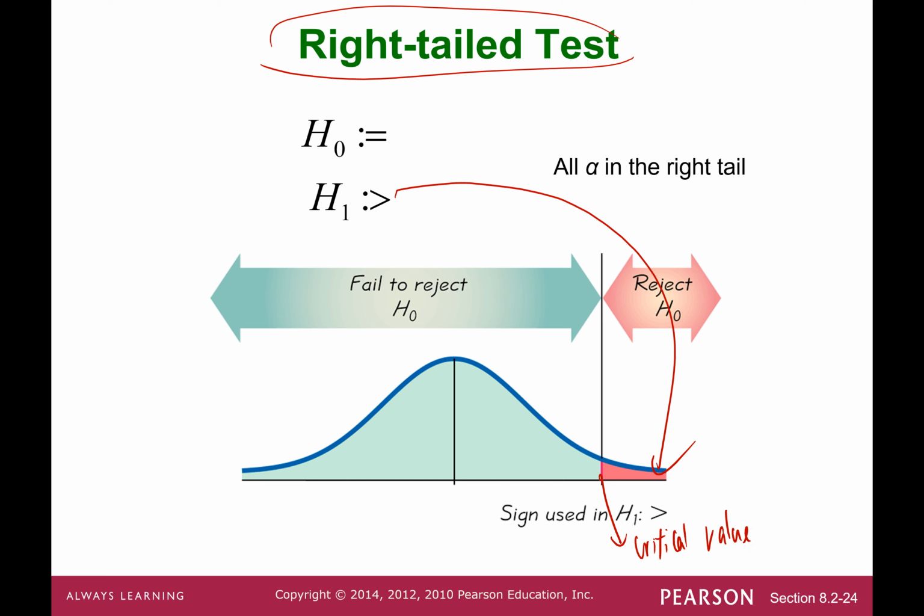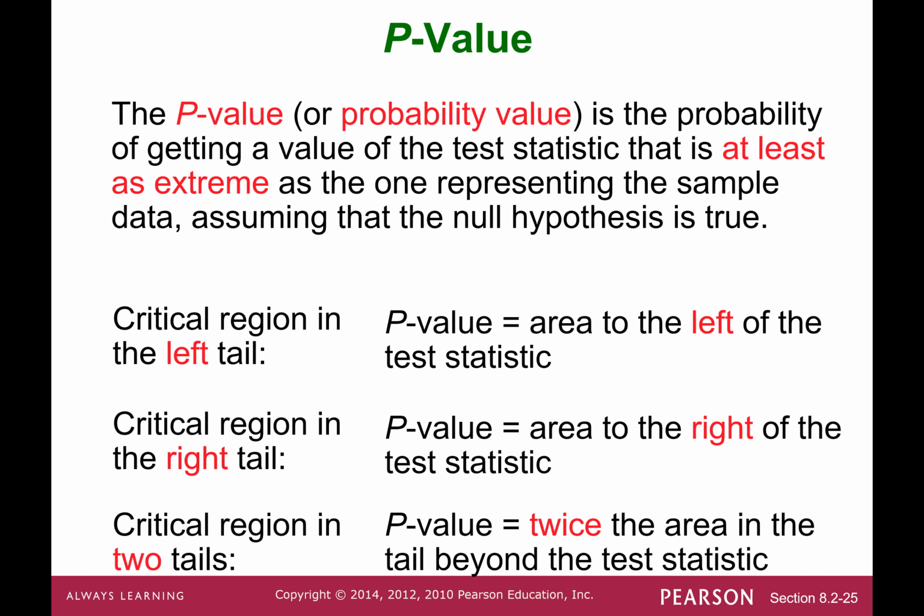We have 3 common critical values for the z-test. And for the t-test, you have to look it up on table A3 using alpha and degrees of freedom. The p-value, probability value, is the probability of getting a value of the test statistic that is at least as extreme as the one represented in the sample data.